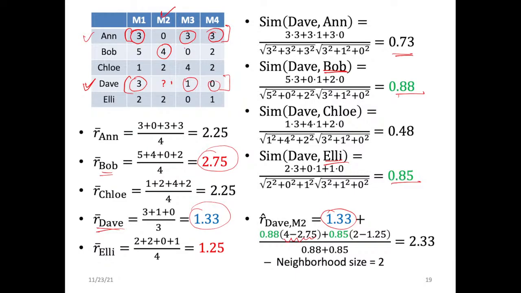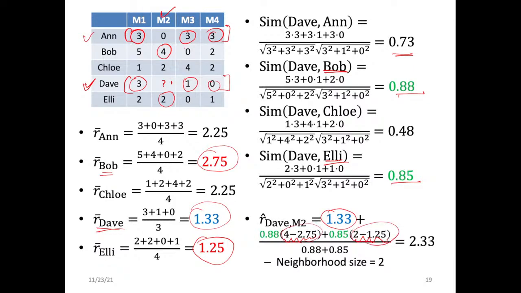Likewise for Ellie, on average, Ellie gives 1.25, but Ellie gives 2 for movie 2, which means Ellie also believes that movie 2 is better than average. By how much? By this much.